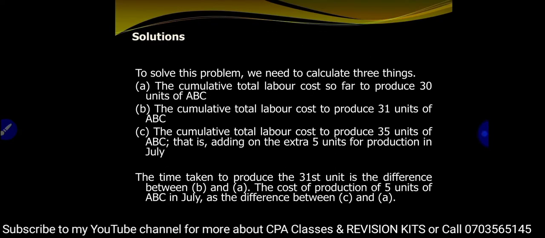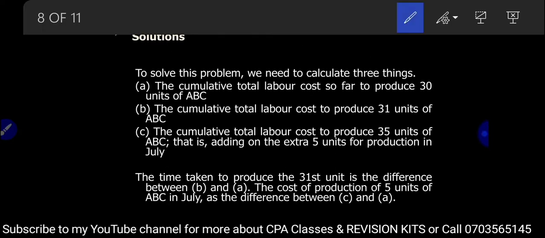Then B, the cumulative total labor cost to produce 31 units of ABC. Then C, the cumulative total labor cost to produce 35 units of ABC, that is adding on the extra 5 units for production in July.